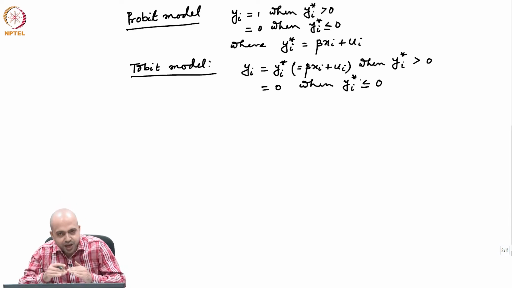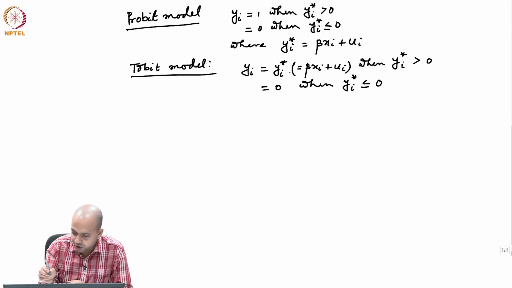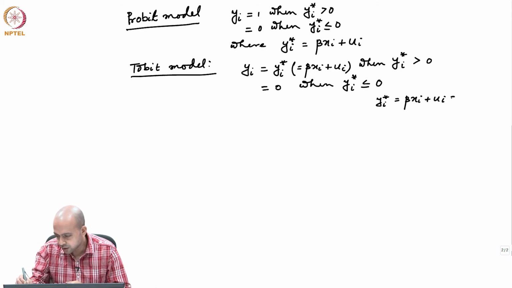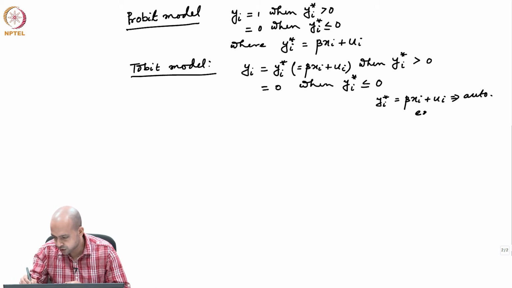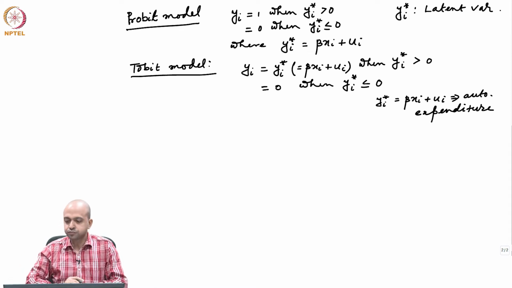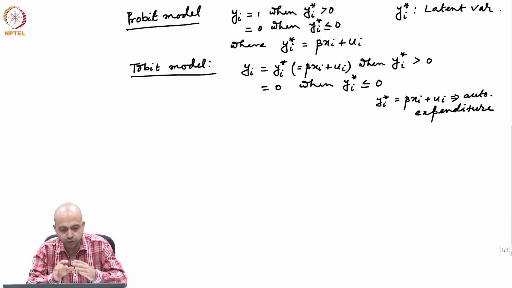So, my dependent variable yi is yi star, which is, for example, automobile expenditure, where yi star is a latent variable. This is how we model a Tobit equation, which is closely related to Probit.